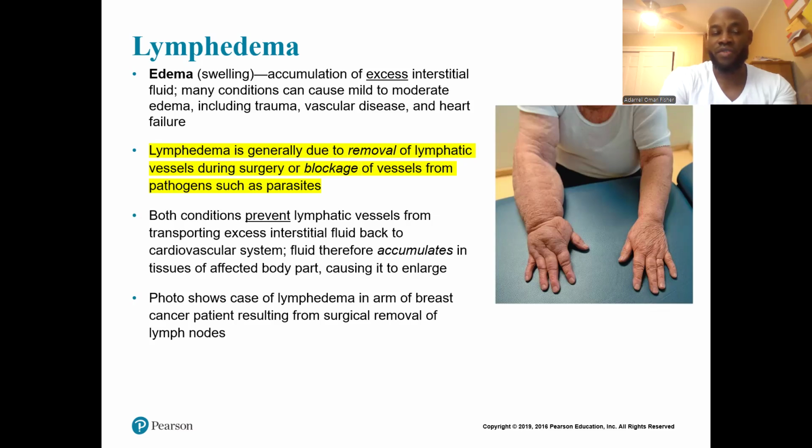So if fluid can't get into your lymphatic system, or gets blocked from getting in, or lymphatic vessels get destroyed during surgery, you can have lymphedema. Because where is that fluid then going to go? It's going to start swelling, and you get what is called lymphedema. And fluid accumulates in the tissues.